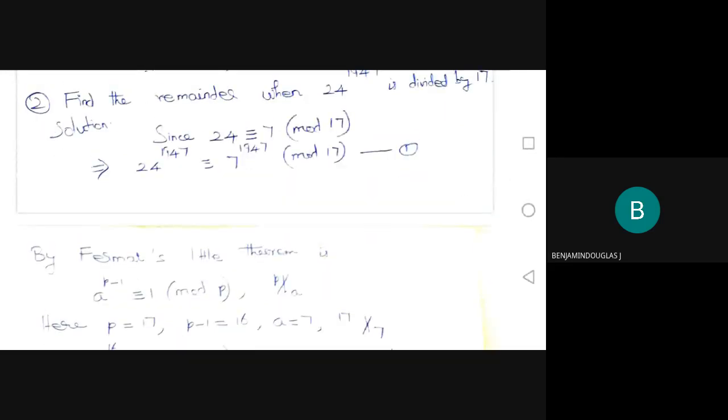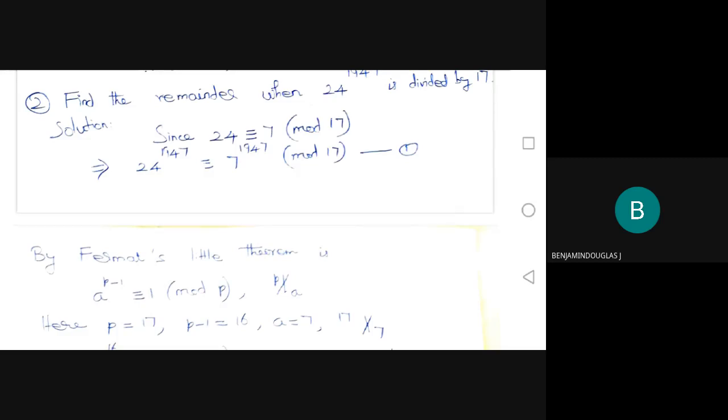Here the mod value P is 17. Then P minus 1 is 17 minus 1, 16. The base A is equal to 7, since 24 is congruent to 7. Now the condition will be verified. When do we apply Fermat's little theorem? The condition is that P does not divide A. Here P is 17, and 17 does not divide 7.